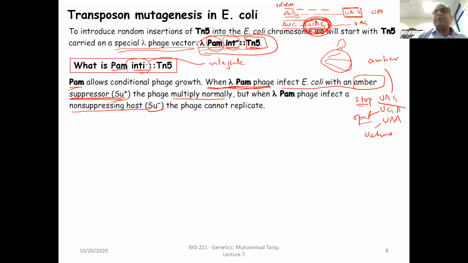A tRNA comes in and, instead of recognizing it as a stop codon, adds a specific amino acid. That's why it's called amber suppressor. So the bacteria has a mutation which does not recognize this as a stop codon, and then this protein is synthesized and the phage is able to grow in these bacteria.